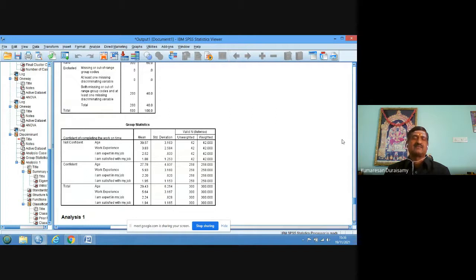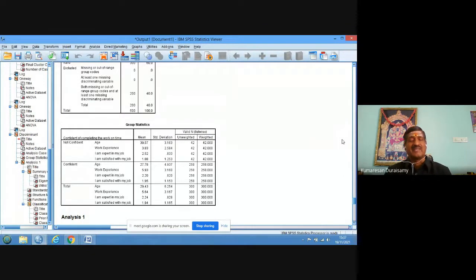It means the younger employees are confident of completing the tasks assigned to them within the specified time. Younger employees does not mean that they have no experience. Experience is another variable. Now we are comparing the age only. So junior or younger employees are more confident and aged employees are less confident.